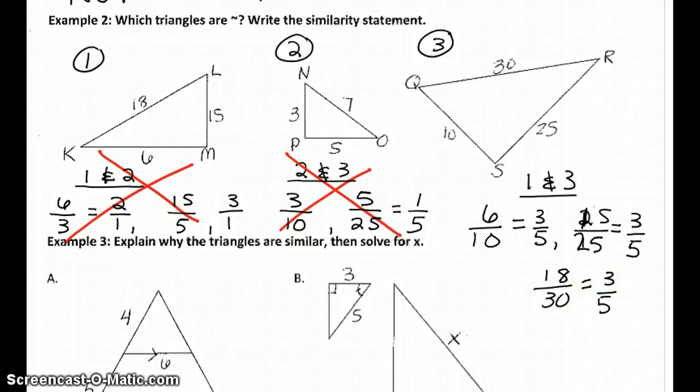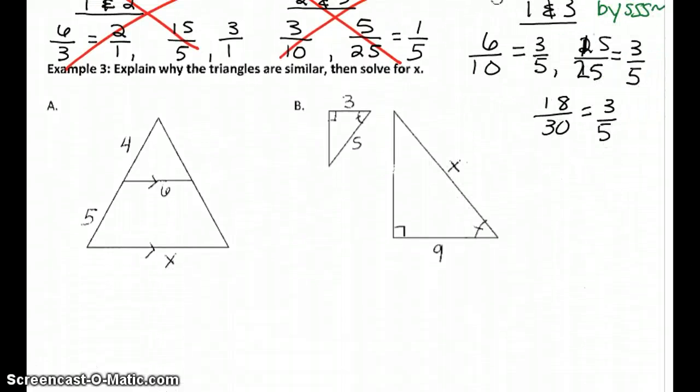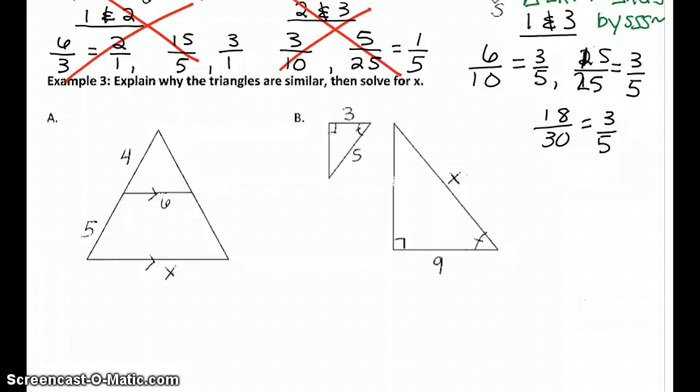So I can say that triangles 1 and 2 are similar, and I'm going to name them. Triangle LKM is similar to triangle RQS by side-side-side similarity. If you put L second, R should be okay.